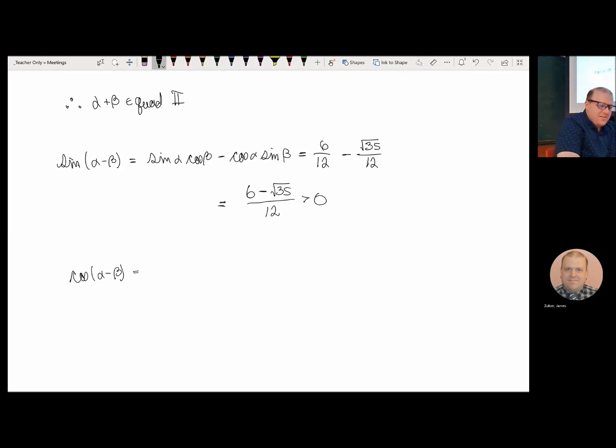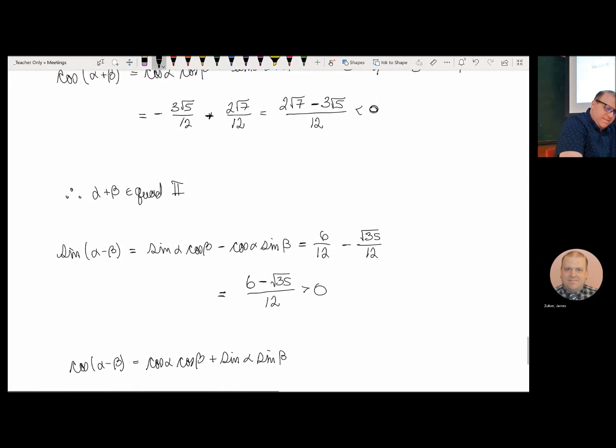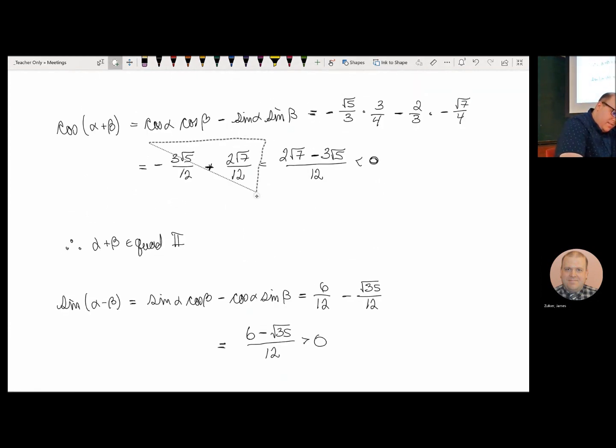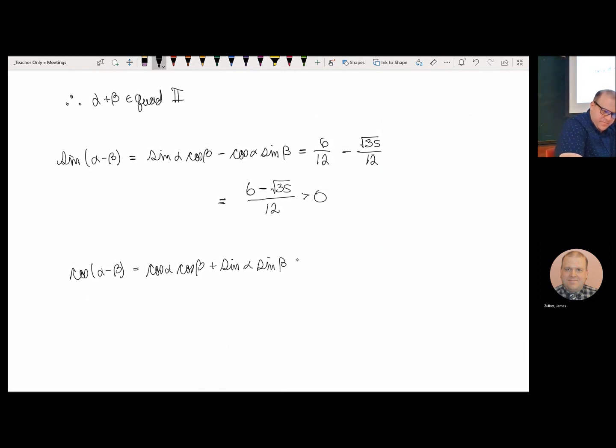Cosine of alpha minus beta. Just be root 7 plus. Right, the signs just flip.